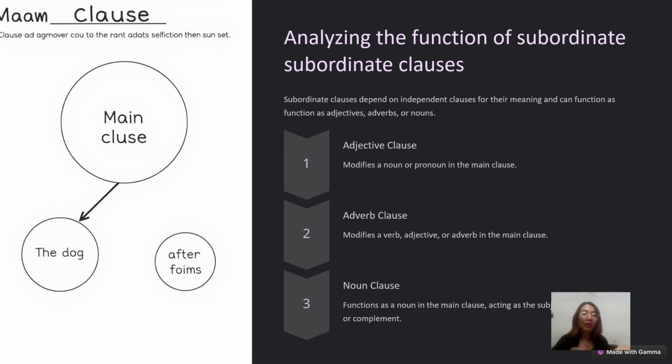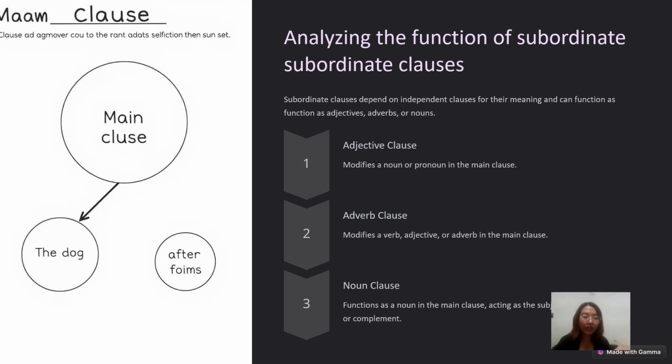Subordinate clauses serve specific functions in a sentence, helping to add detail, explain relationships and provide additional information. Point number one is adjective clauses, also known as the descriptive function.